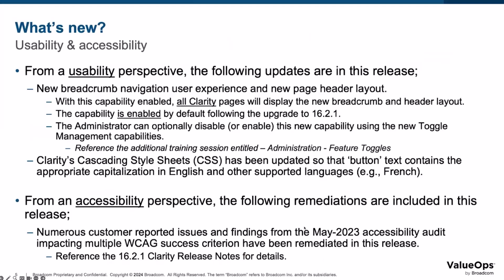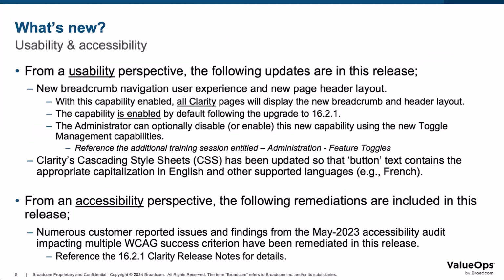affects Clarity. Next up, Clarity's cascading style sheets, or what is commonly referred to as CSS, has been updated so that button text contains the appropriate capitalization in English and other supported languages, such as French.